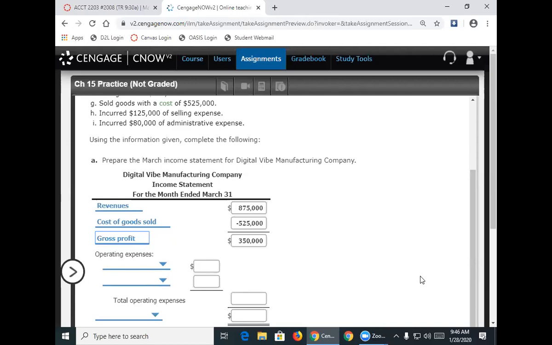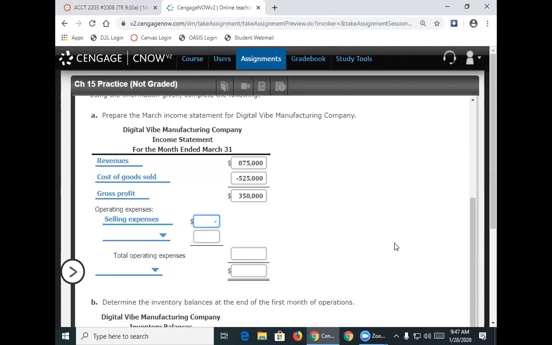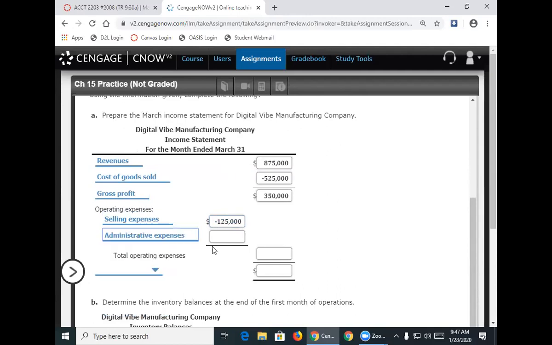So that's where those costs are coming from. Then we just plop in our operating expenses. Selling and administrative. So selling expenses minus what, 125,000, and administrative expenses minus 80,000.